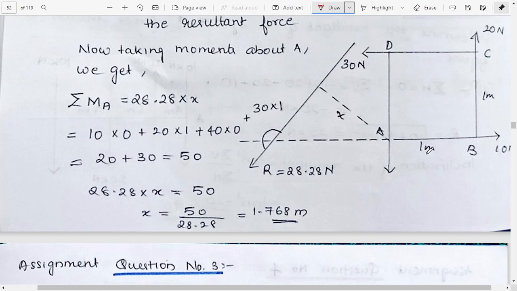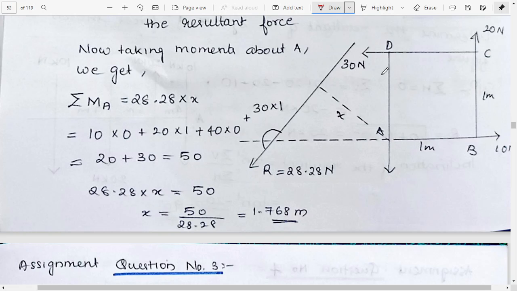To find the moments, here we have 10 into 0. Why are we having 0? Because it acts along the line through A, so there is no moment. Then we have 20 into 1, because 1 is the perpendicular distance. Then we have 40 into 0, because 40 is in this direction and it is just at the point of action.